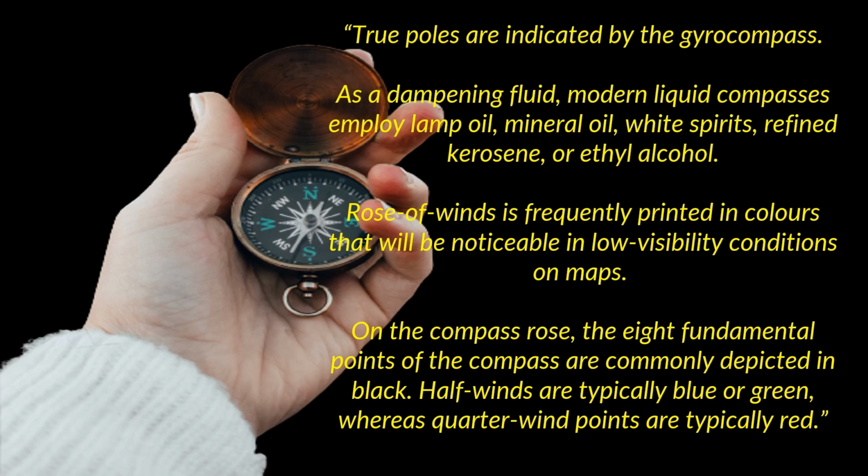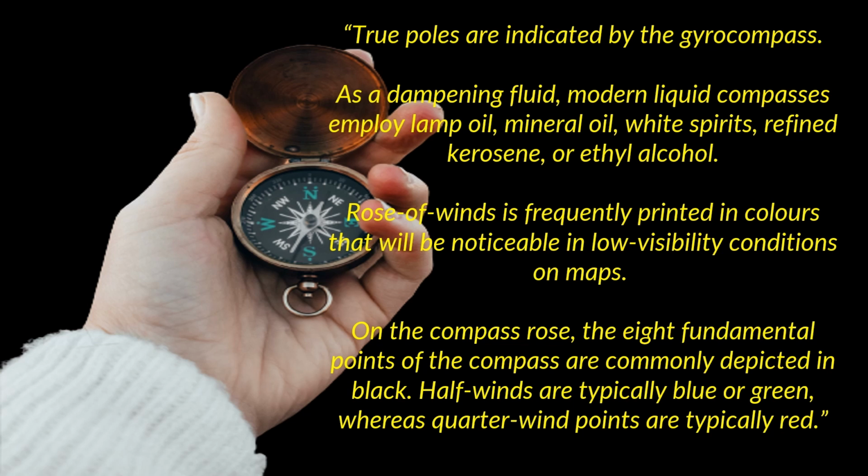Rows of winds are frequently printed in colors that will be noticeable in low visibility conditions on maps. On the compass rose, the 8 fundamental points of the compass are commonly depicted in black.